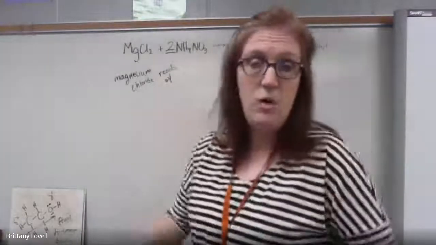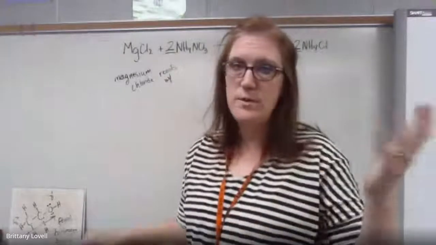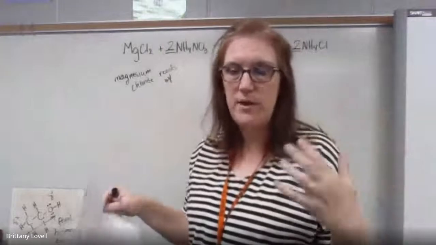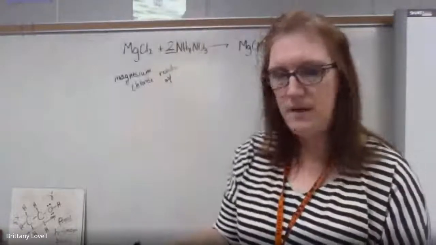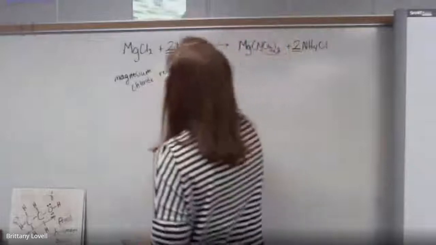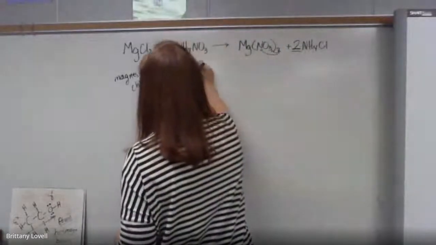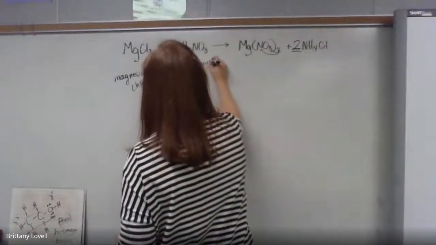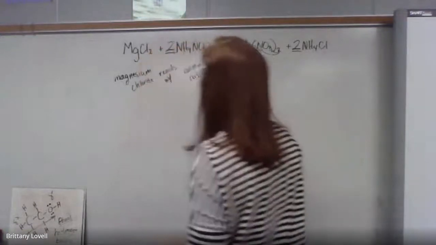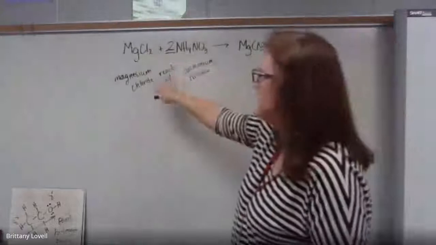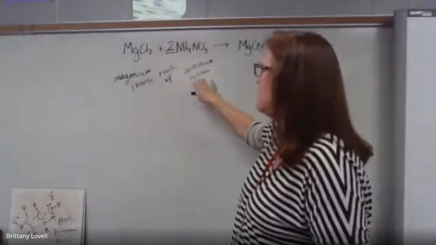If you didn't know what they were, you could always just Google it, like what is NH4NO3. It's actually listed right under here, underneath magnesium chloride. It's called ammonium nitrate, okay? So ammonium nitrate. So there's our reactants. Magnesium chloride reacts with ammonium nitrate.